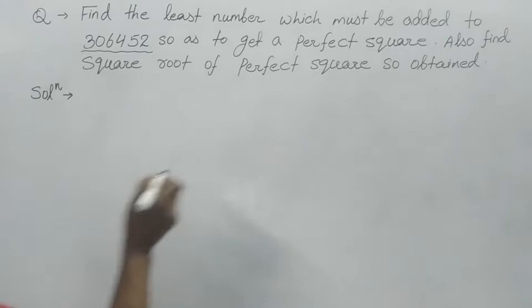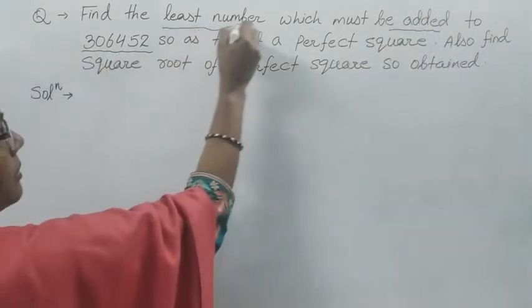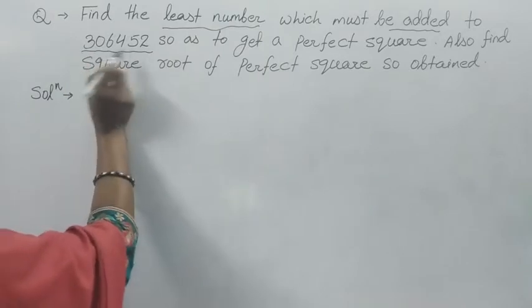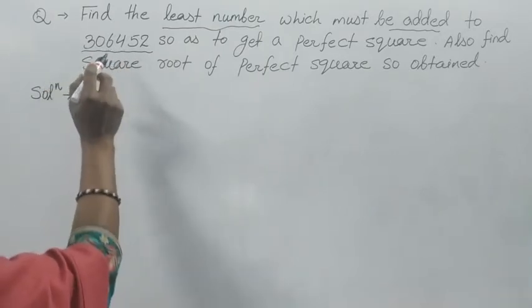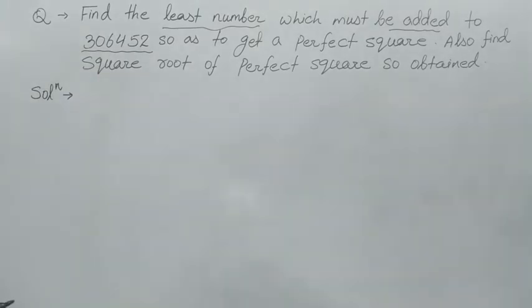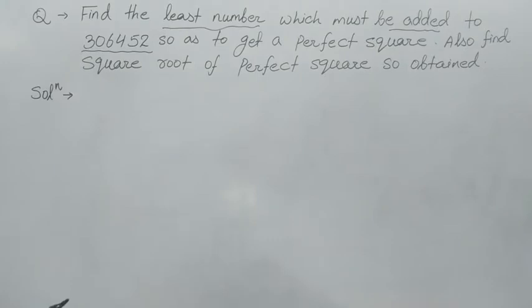But when you add some least number to this number, then the result becomes a perfect square. And then you have to find the square root of that number so obtained.